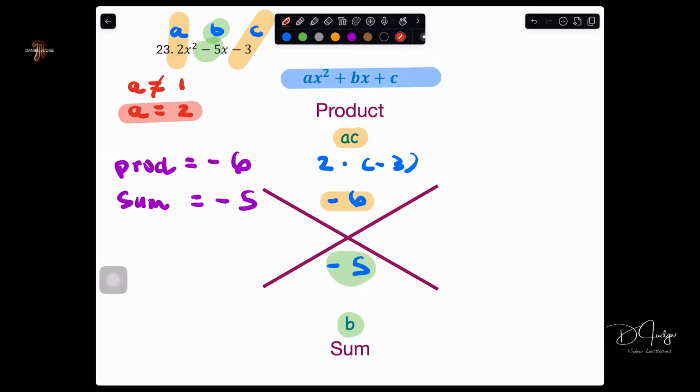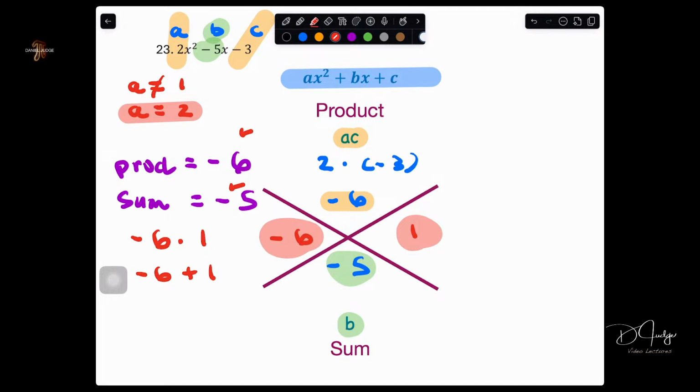It looks like, again, negative 6 times 1 is negative 6. Negative 6 plus 1 is negative 5. Negative 6, positive 1. So, ladies and gentlemen, those are the two numbers that we are looking for.